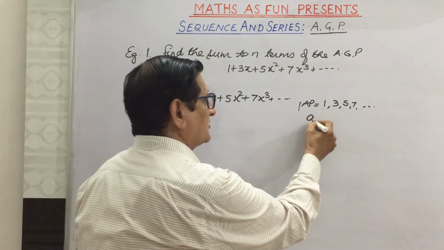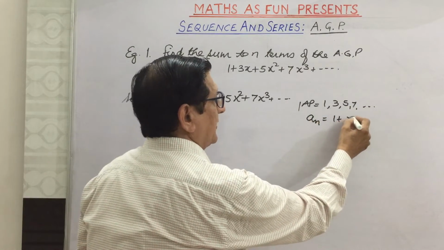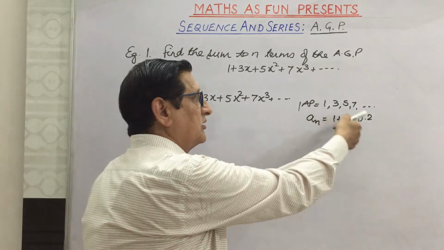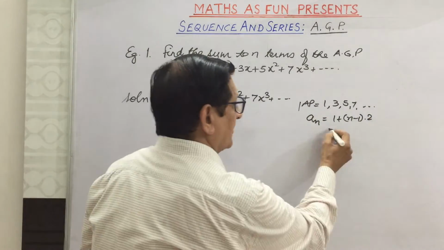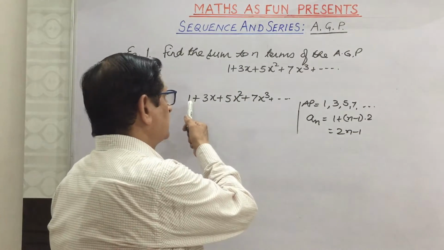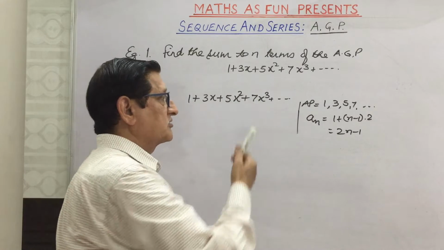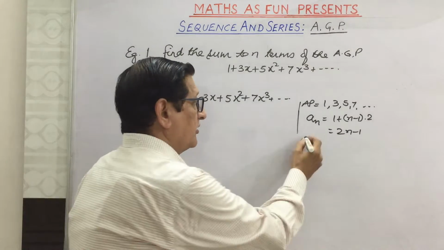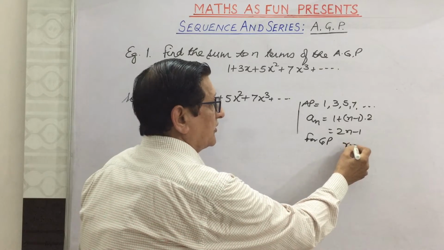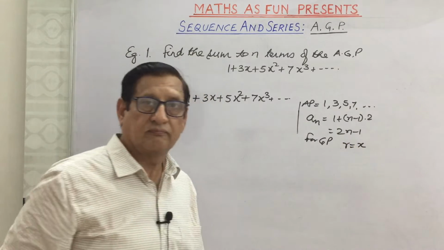We can find the nth term of this as 1 plus (n minus 1) into 2, because a is 1 and d is 2, and this comes as 2n minus 1. The GP here is 1, x, x square, x cube, and for this GP the common ratio is x.